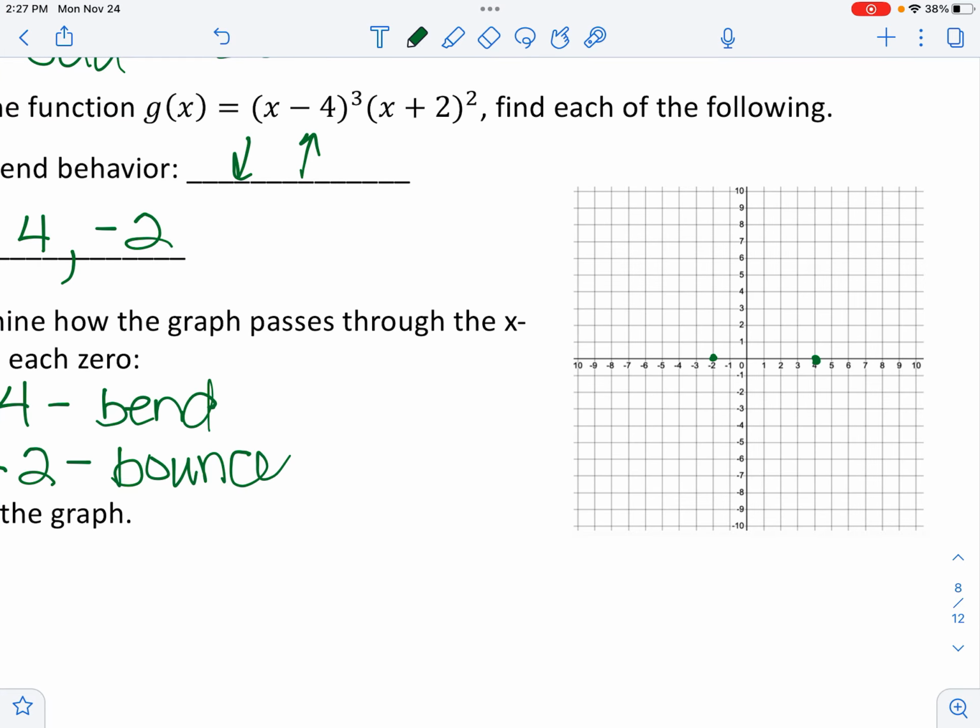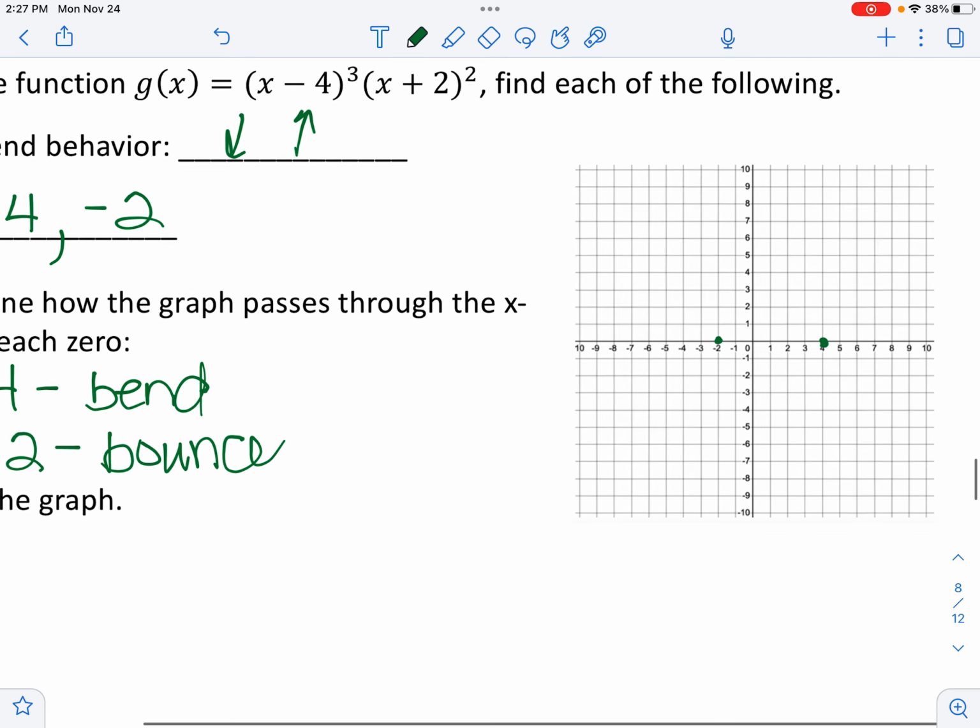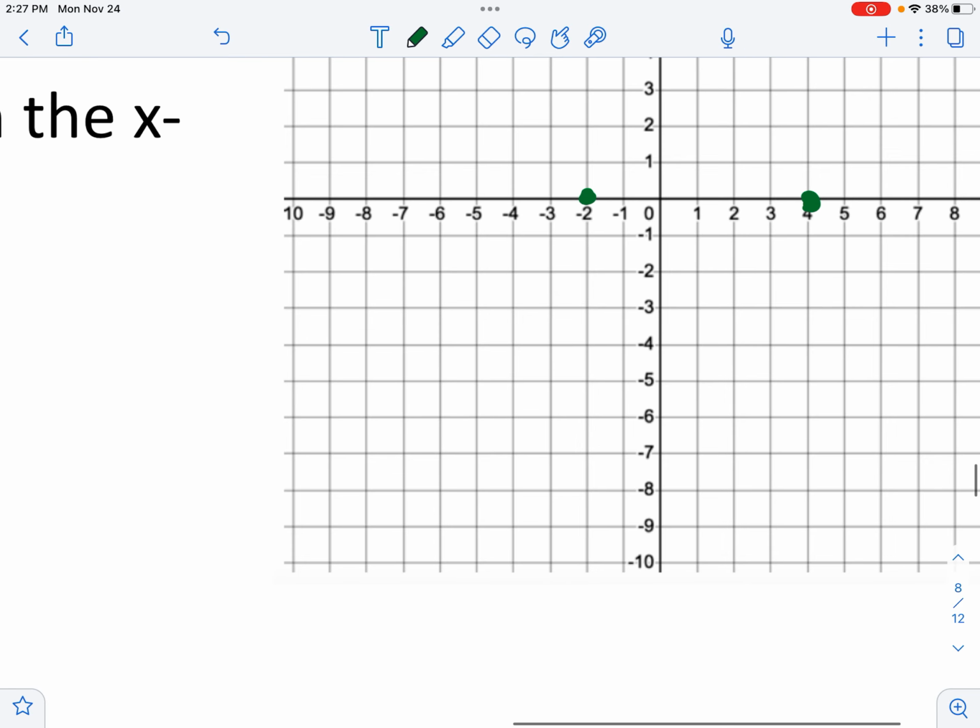So really, what I could see wasn't the whole graph, right?